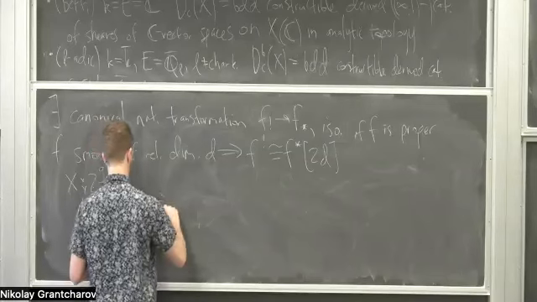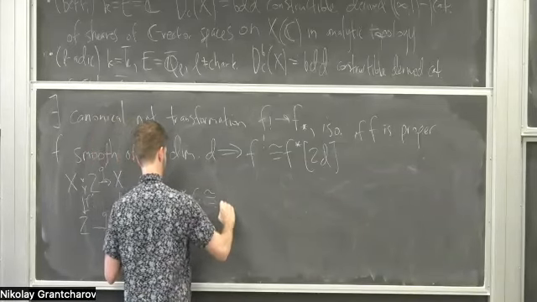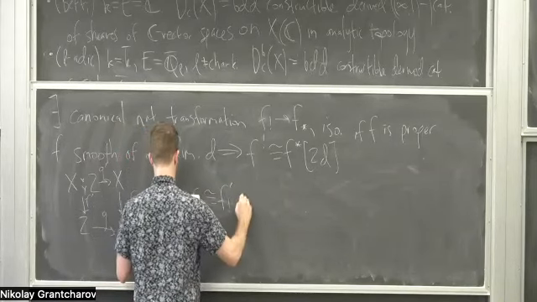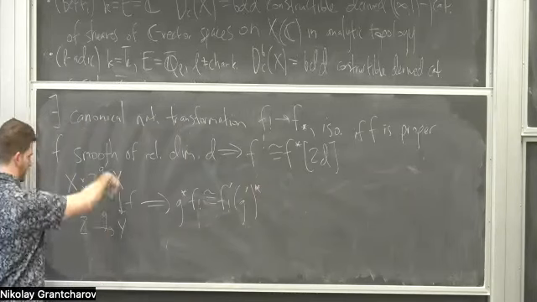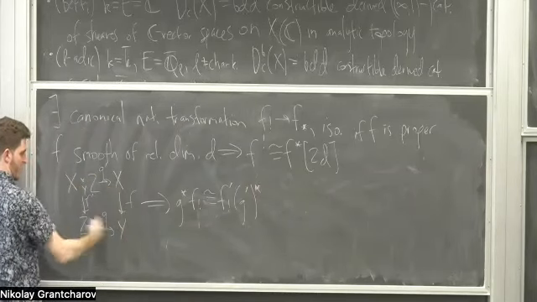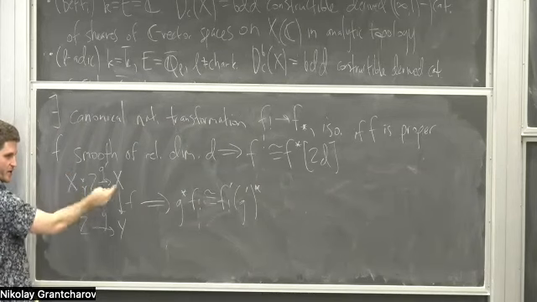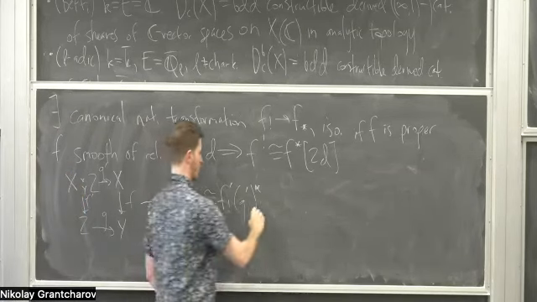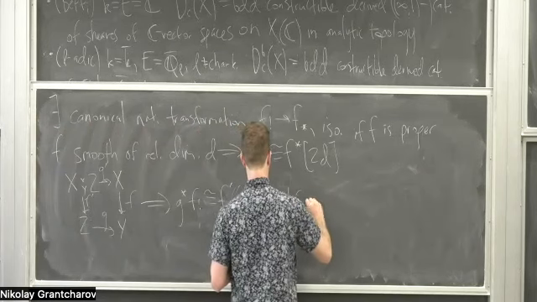Then I get isomorphisms of functors like so. For example, if I do direct image with compact supports followed by inverse image, that's the same as doing inverse image followed by direct image with compact supports along the other side of the square. Dually, you have the same statement for upper shriek and lower star.